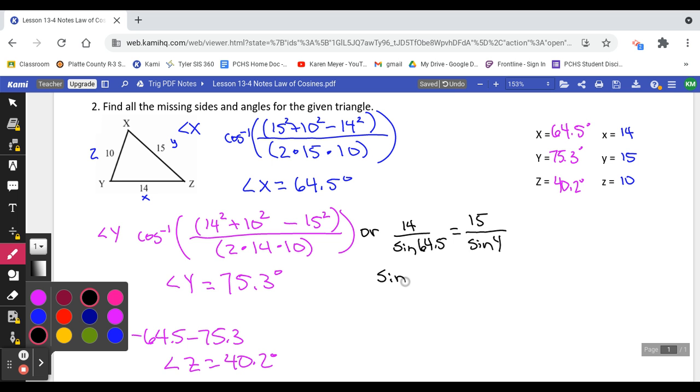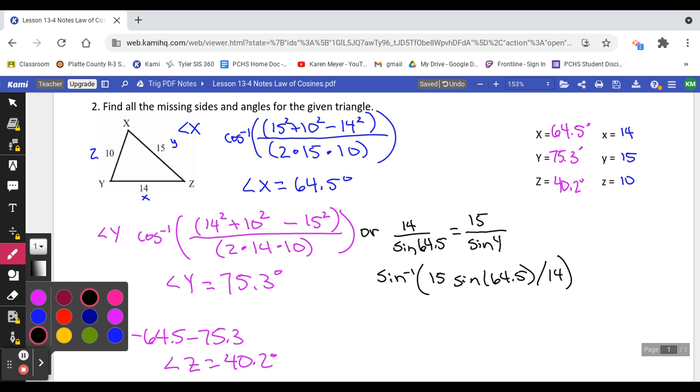So you can do sine to the negative first. Cross multiply where you know both. So 15 sine of 64.5, and divide that by 14.